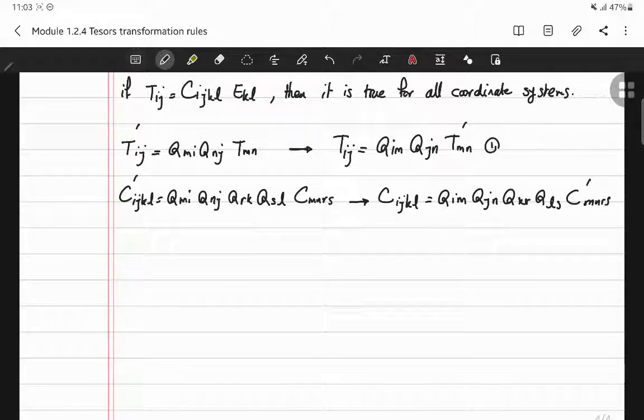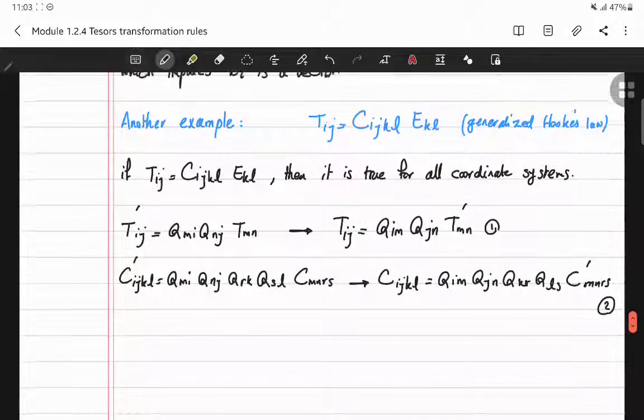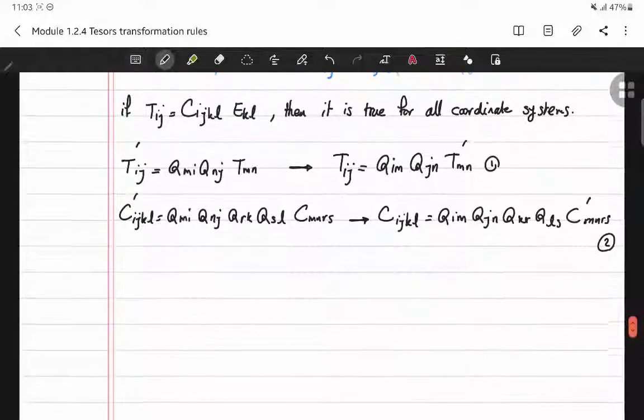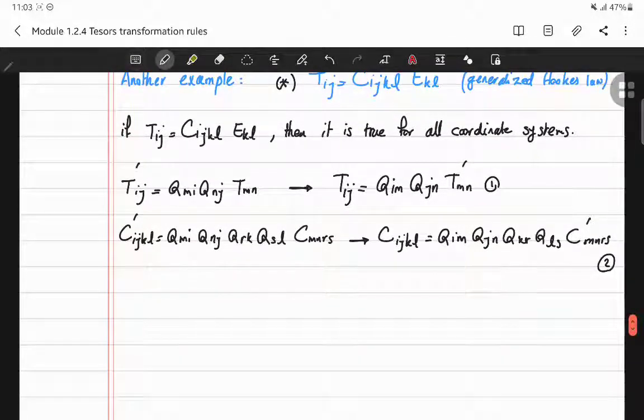So I call this 1 again, and this is 2. And I have my equation here as, let's say, star. And I plug in 1 and 2 in star.